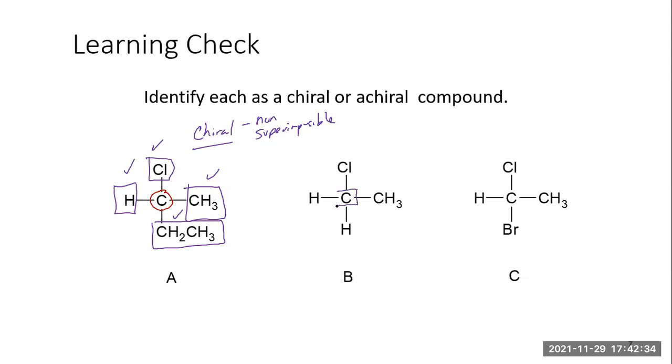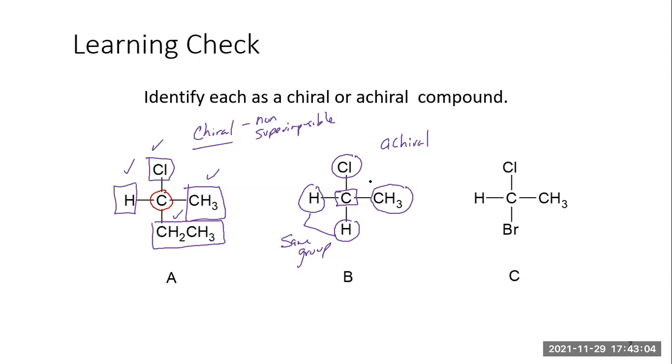Looking at this carbon, we want to take the same approach. We've got a chlorine, which is different than a methyl group, which is different than a hydrogen. But here we now see another hydrogen. So in this case, we have 2 of the same groups present. That means we do not have 4 different groups attached, so this is going to be an achiral compound.